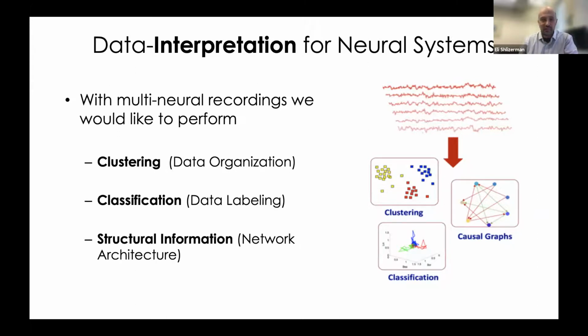The third direction is to learn from the recordings what is the structural formation of the network, how neurons eventually form networks such that they are processing and controlling the behavior.